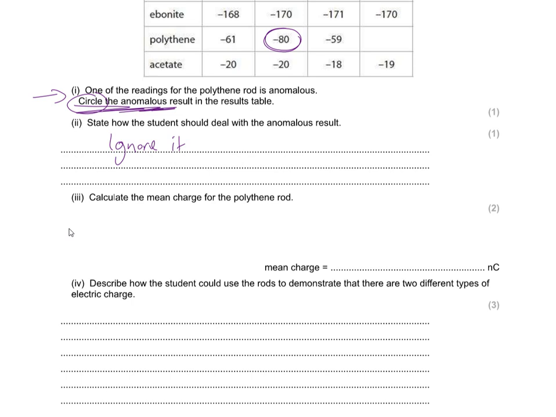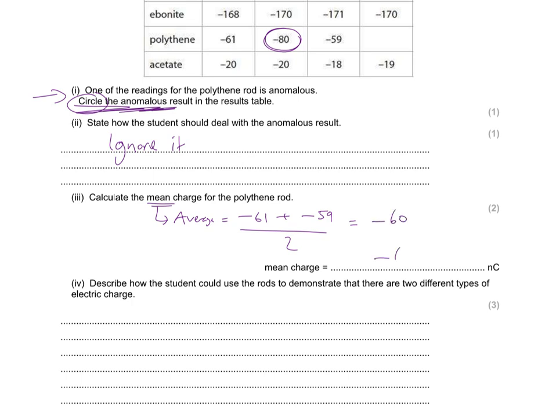Okay, so therefore when we are going to be calculating our mean, now what the mean is, is an average. So if we're going to calculate our mean, we are going to ignore it from our mean. So therefore we have minus 61 plus minus 50, and then we divide it by 2, and this will give me our answer, minus 60.